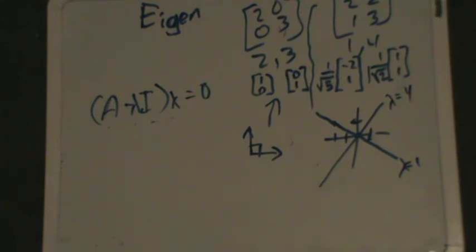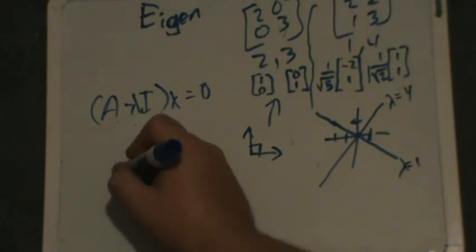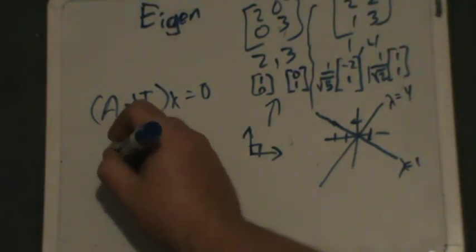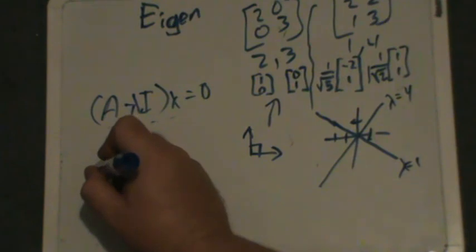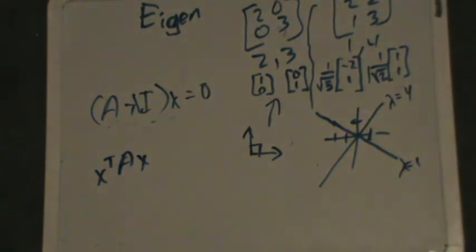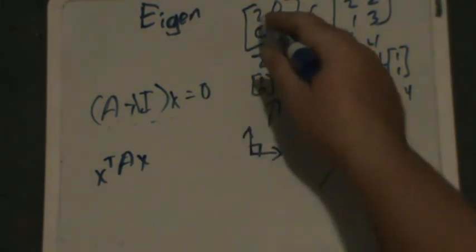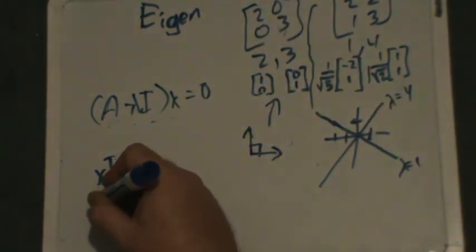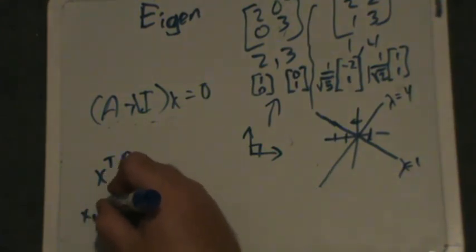Now, it's kind of natural to ask, what do I mean by plotting out and getting an ellipse? Let me first do it for this one. What we do is we consider, what if I had the vector x multiplying it? What if I did x transpose, and then we did Ax? Well, in this case, x is x1, x2.